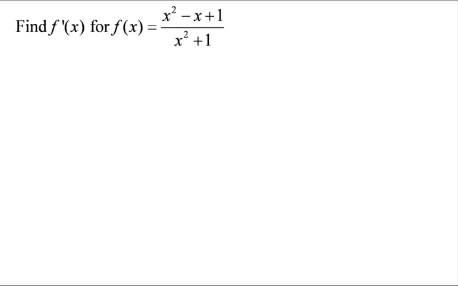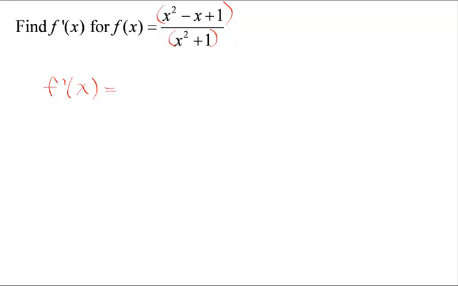Find f prime of x for f of x equals, here's a function in the numerator, x squared minus x plus 1, and a different function in the denominator, x squared plus 1. So we're going to use the quotient rule, and we're going to apply it by verbalizing.